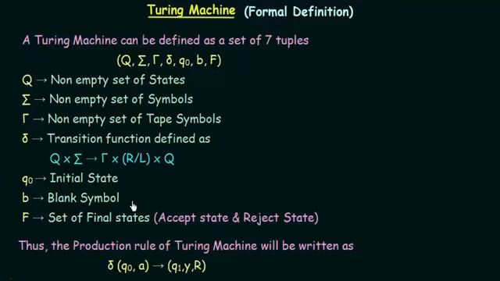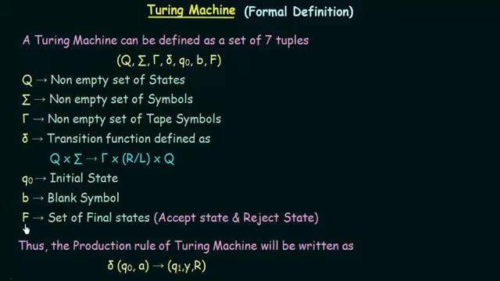It is a symbol that is used for filling up the empty spaces in our tape sequence. We also said that this blank symbol does not belong to the set of input symbols. That is why blank is a special symbol, and that is why we have a different tuple to denote the blank symbol, which is B.